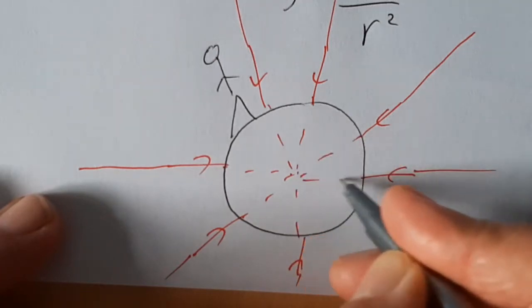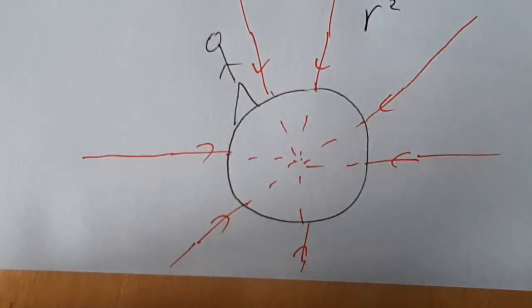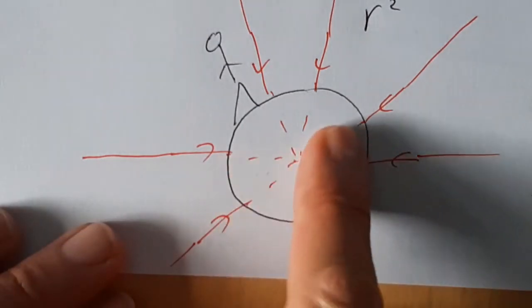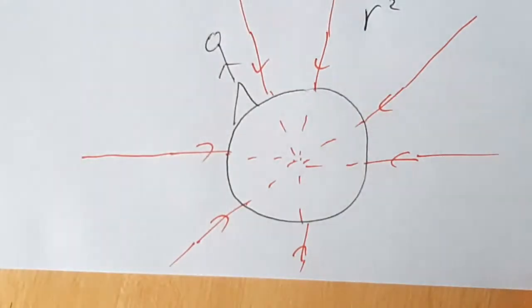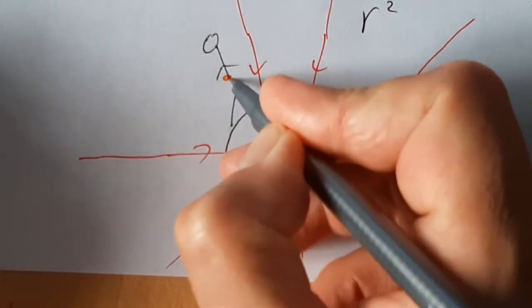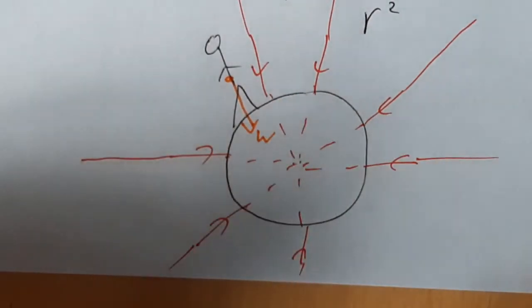So the normal way of regarding you standing on the Earth is that the Earth, a very large massive object, creates a very strong gravitational field. You're in that gravitational field, and as you're in that field, you feel a weight pulling you down.